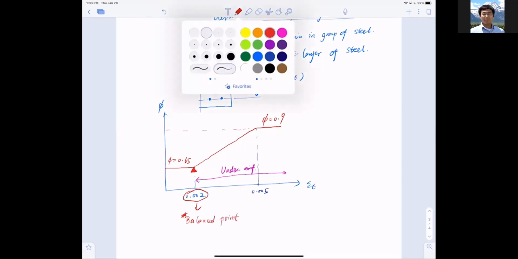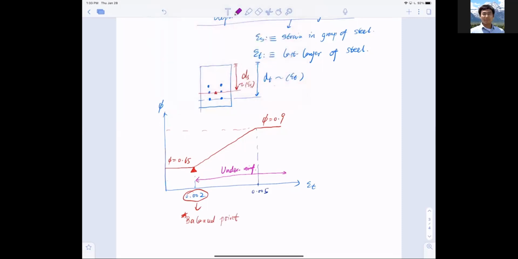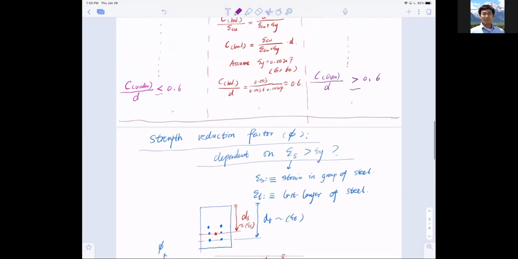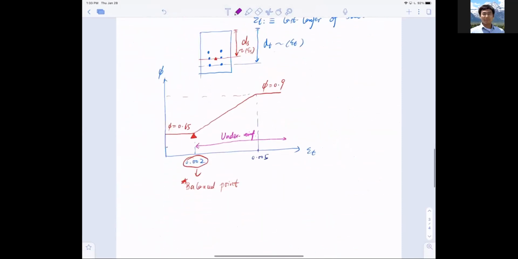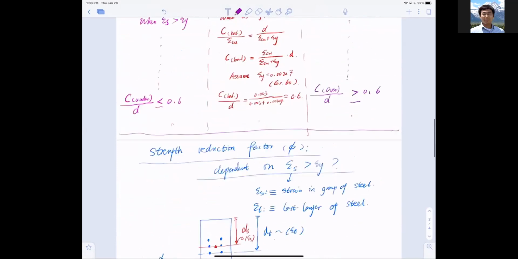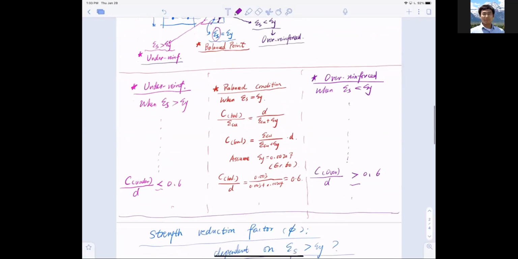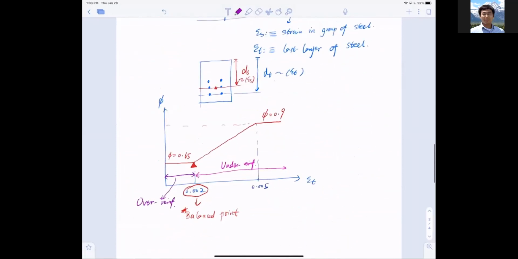And we call this, let me make sure I use the right color, this is over reinforced. All right, so that is how we correspond to the three conditions we just talked about, and this is how we use the under reinforced and over reinforced terminology.